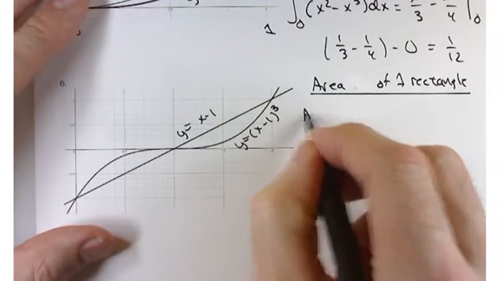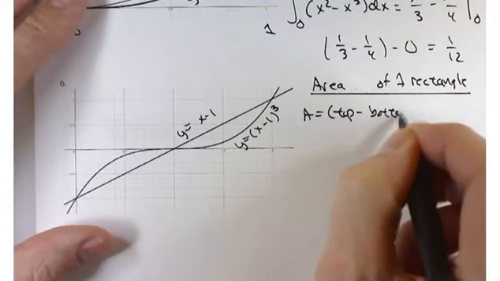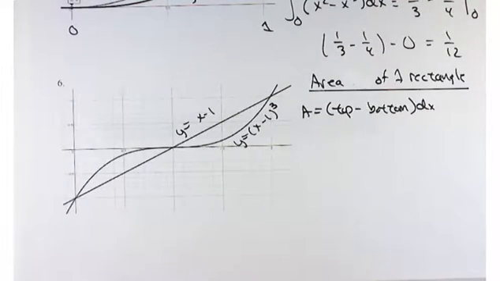So A equals top minus bottom times dx. But of course, as you pointed out, it matters where you take your slice.